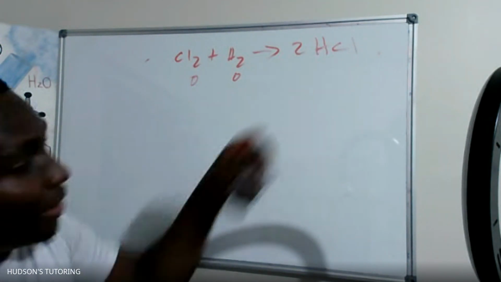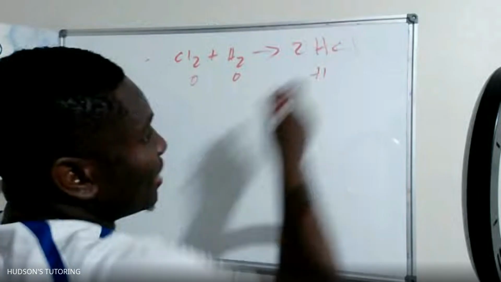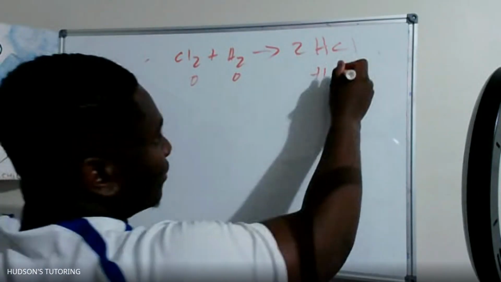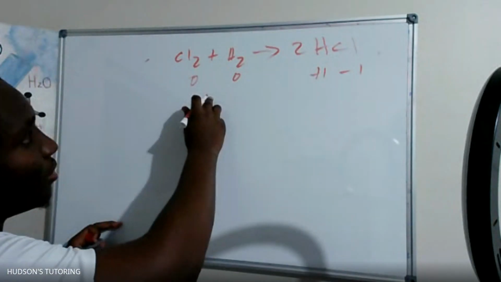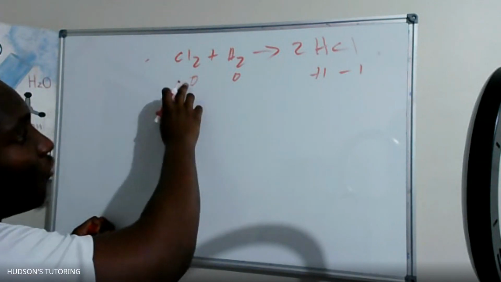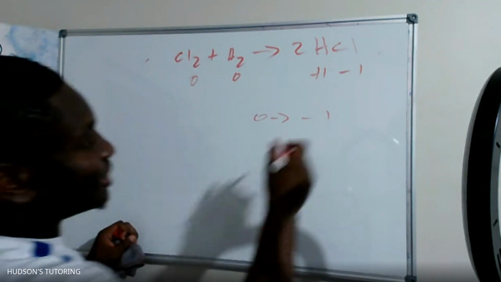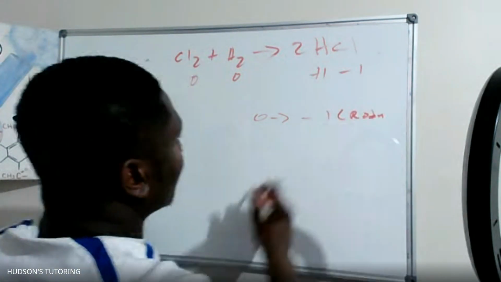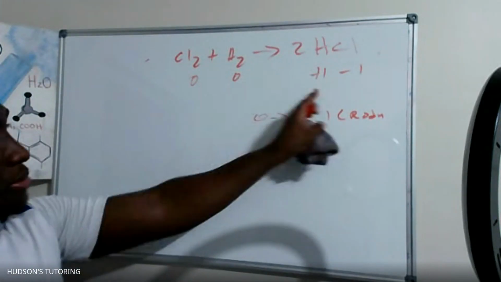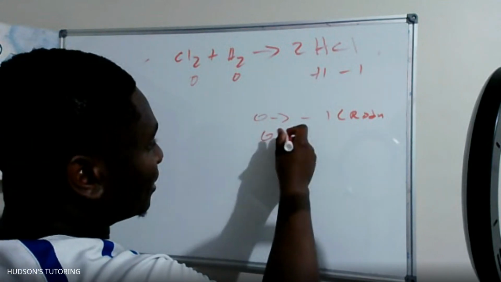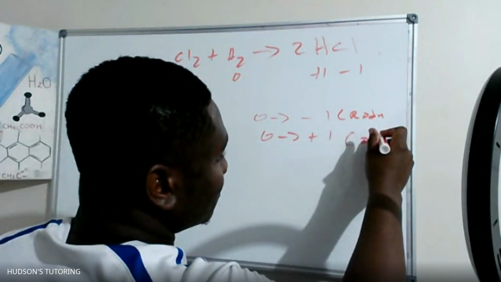This is not a hydride, so this is +1. Chlorine is -1. Let's start with chlorine. Chlorine moved from 0 to -1, so there's a decrease in oxidation state. Hence, chlorine is said to be reduced. Hydrogen moved from 0 to +1. Hence, it is said to be oxidized.